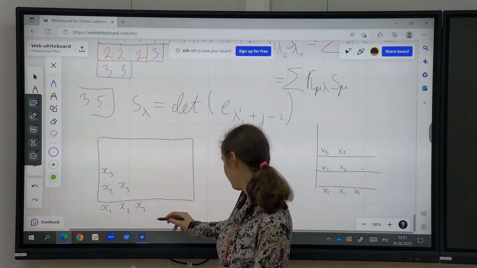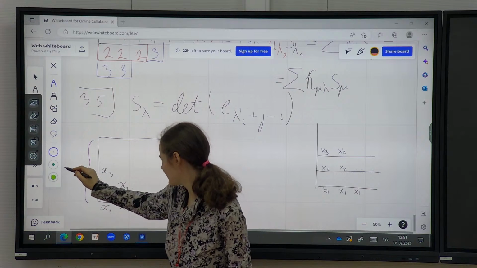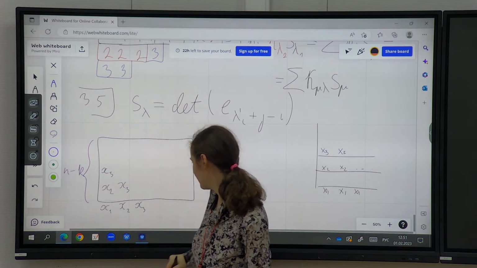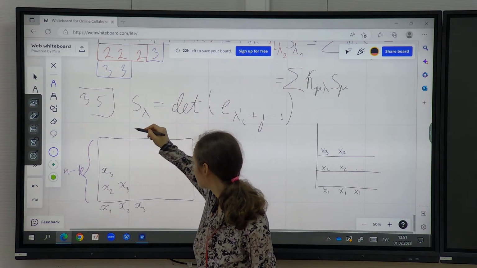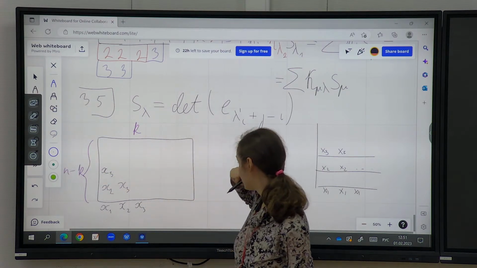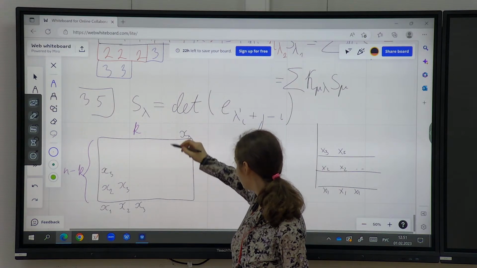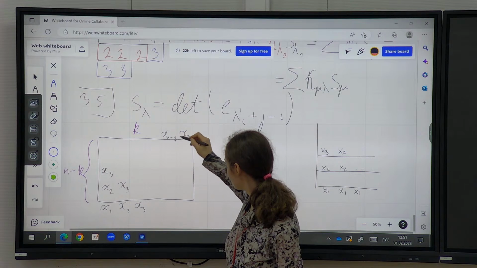This lattice has n minus k rows and k columns. So the last edge will be xn.